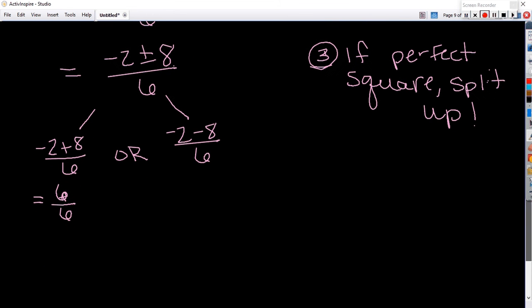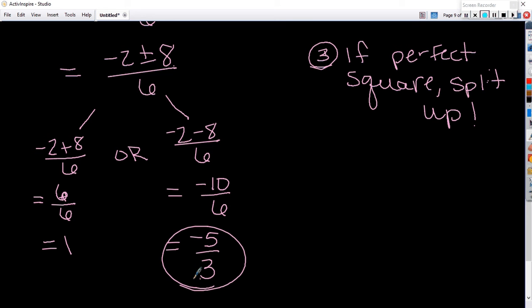But I thought splitting it up was the same thing as just leaving it like that. So what would be the difference in splitting them up versus leaving it the same? The only time you have to split it up is when it's a perfect square. If it's not a perfect square, I don't make you split it up at all.